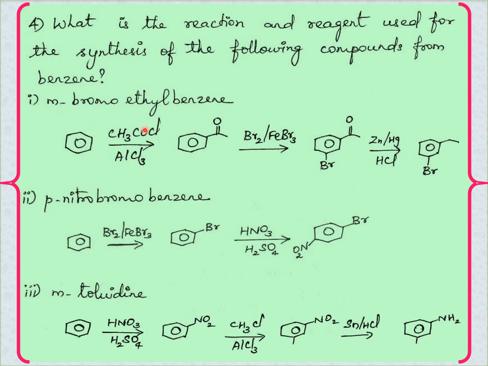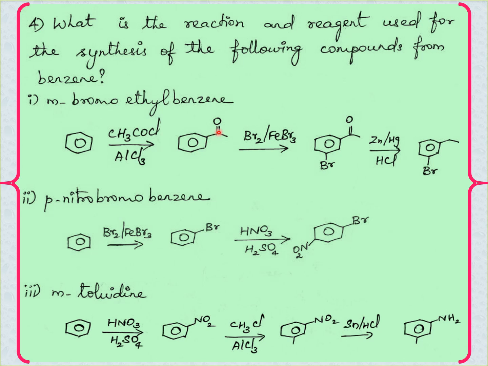So to avoid that polyalkylation, first we did the Friedel-Crafts acylation. Then we need to introduce the bromine group at the needed position, as the acyl group is a strongly deactivating and meta-directing group. It directs the incoming electrophile, the bromonium ion, to the meta position.